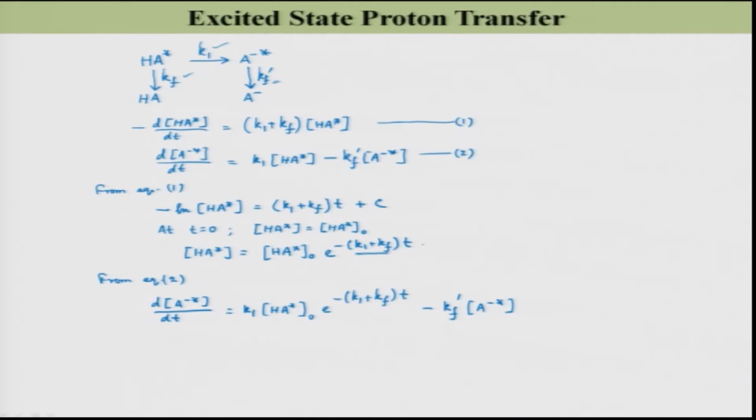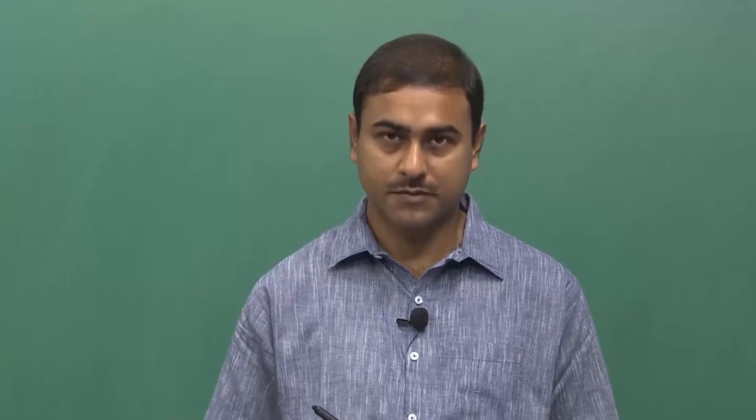I can take this Kf prime A minus star to the left hand side, and then multiply both sides with e to the power Kf prime times t. So d[A minus star]/dt plus Kf prime A minus star equals K1 HA star 0 e to the power minus K1 plus Kf times t, multiplied on both sides by e to the power Kf prime times t.